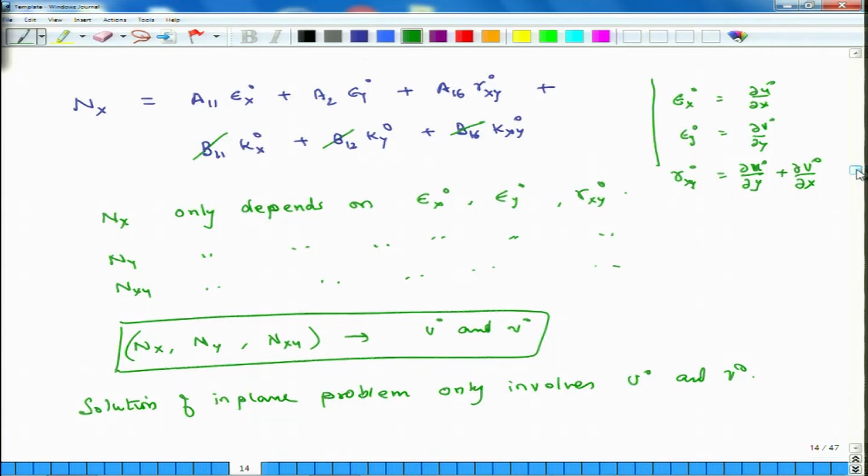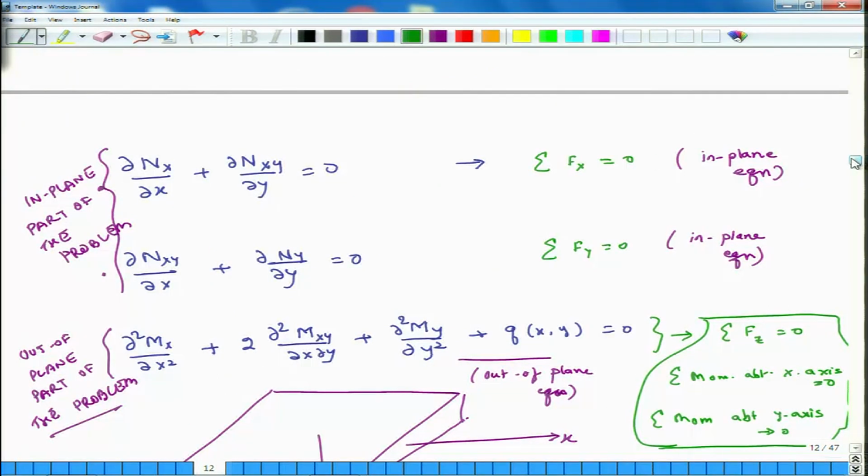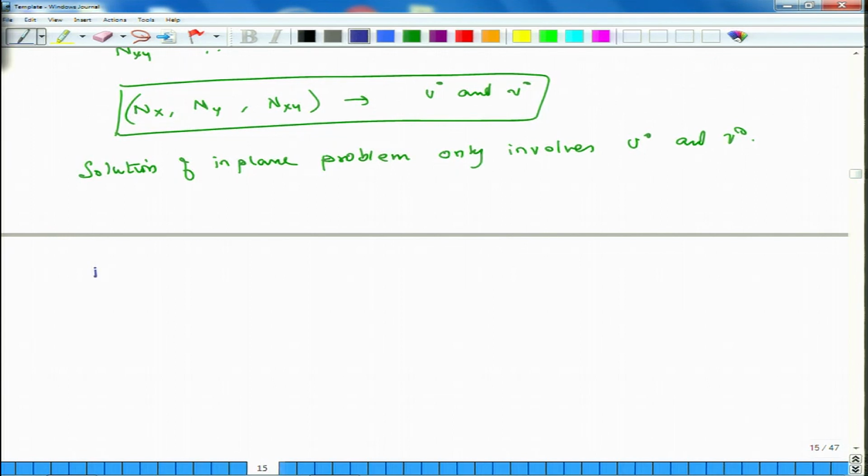Similarly, we look at the third equation. The third equation involves only mx, mxy, my and q. And so, we will see, for instance, mx is equal to what? b11 epsilon x naught plus b12 epsilon y naught plus b16 gamma xy naught plus d11 kx naught plus d12 ky naught plus d16 kxy naught.